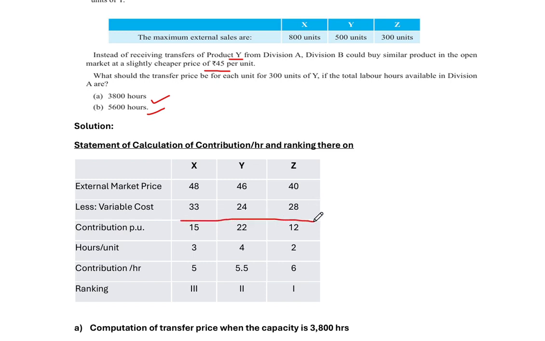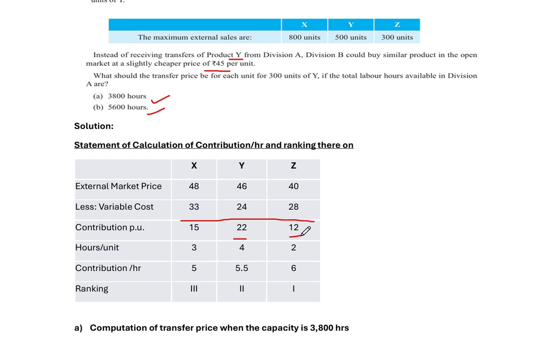So we can calculate the contribution per unit. 48 minus 33 is 15 for X. For Y, 46 minus 24, 22 is the contribution per unit. And for product Z, 40 minus 28, the contribution per unit will be 12 per unit.